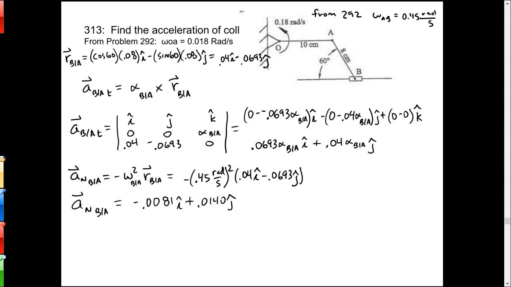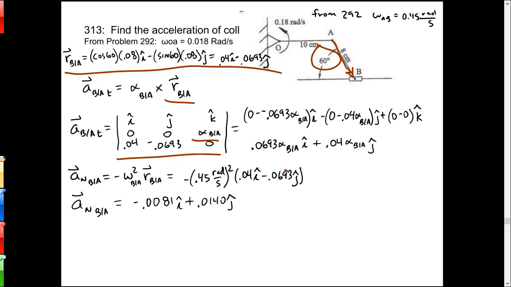Okay, so there you go. What you need there is the position vector of B with respect to A. That's what that notation means. So that's 0.04i minus 0.0693j. That's just going from A to B. And you're just using, of course, the 60-degree angle of the linkage to calculate that. Once you've got it, you take your unknown alpha and you cross it with the position vector.